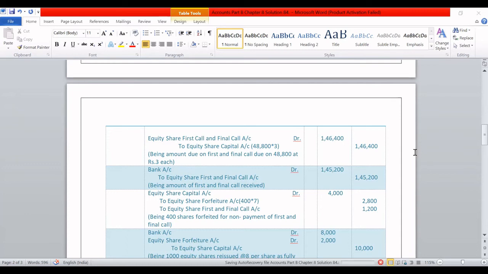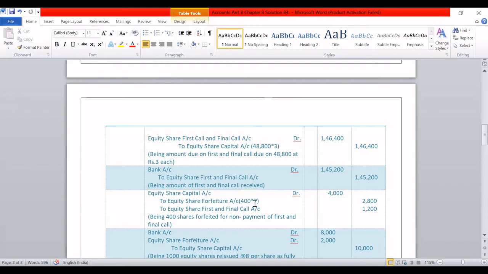Now let's go to the next one. Equity share capital account. Again, there are 400 shares which were forfeited for the non-payment, because out of that some shares were paid. So therefore it is 400 shares that were forfeited.